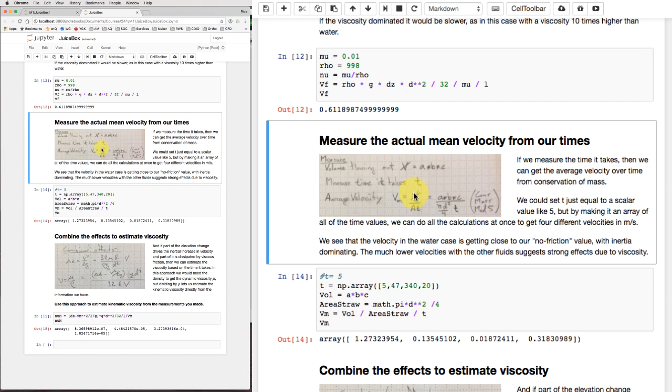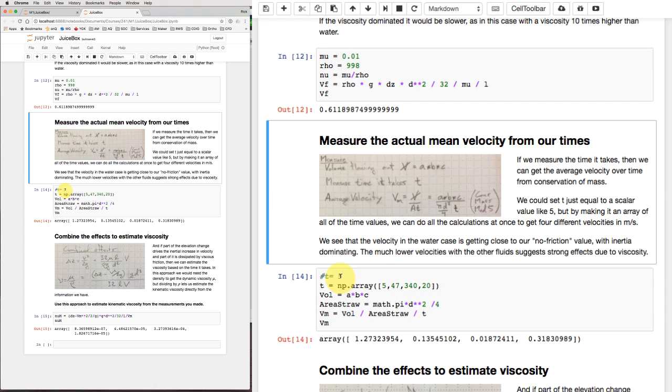And if we divide that flow rate, the volume per unit time, by the cross-sectional area, we'll be using the same kind of conservation of mass that we'll get from Module 5, and we can figure out for what time we measured what the velocity must have been.